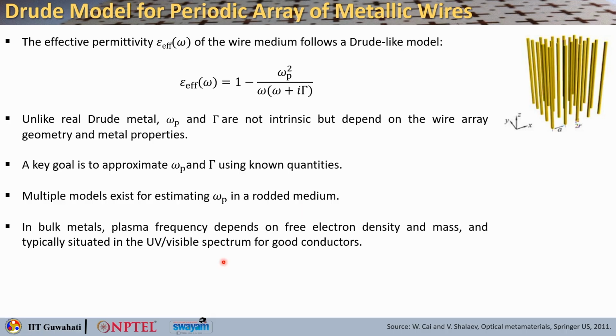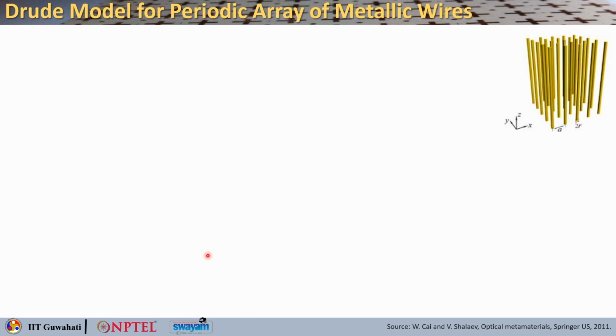In bulk metals, the plasma frequency depends on free electron density and the mass, and is typically situated in the UV visible spectrum for the case of gold conductors. Below the plasma frequency the material behaves like a metal, so the electromagnetic wave is reflected. Above the plasma frequency, it gives way to the incident wave, so the material becomes transparent.